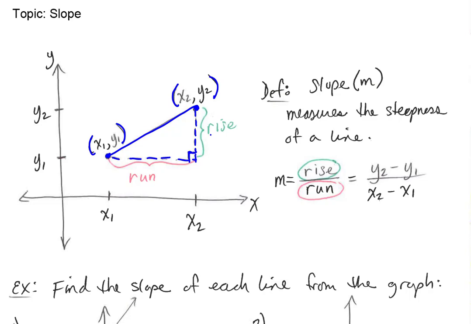Once we do that, we're going to give some extra labels here. We're going to call the horizontal distance all the way across the bottom of this right triangle the run. Okay, just as a convenient name here. Run representing horizontal distance.